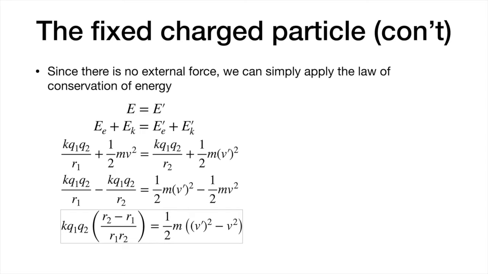I could maybe try and figure out the distance, but because I have this difference divided by a product, R2 minus R1 divided by R1 times R2, that's going to be pretty annoying to figure out. I could figure out the mass of the moving charge, or I could figure out one of the speeds. So that's what I'm going to do in this case.